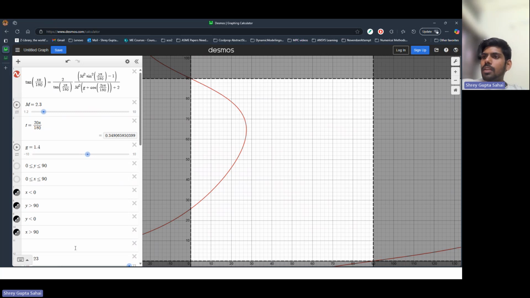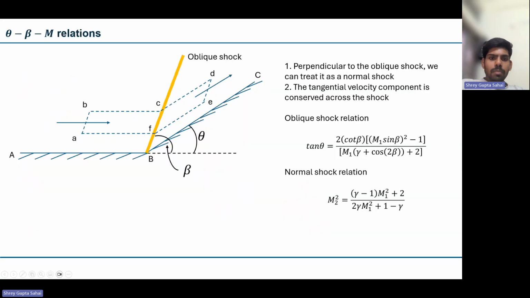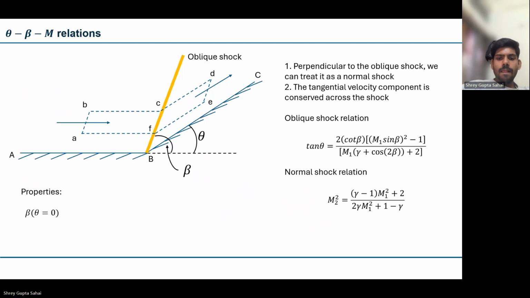Maybe here itself. So a couple of properties of the theta beta relationship. The first thing that we note here is: beta at theta equals 0 is always 90 degrees.